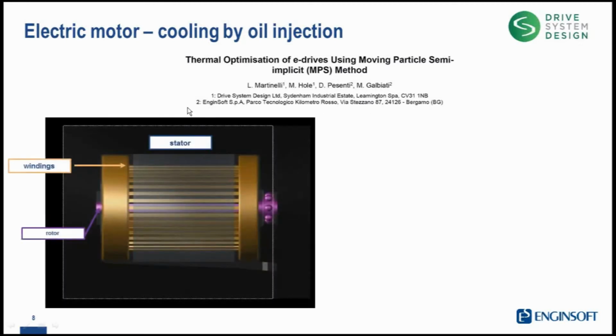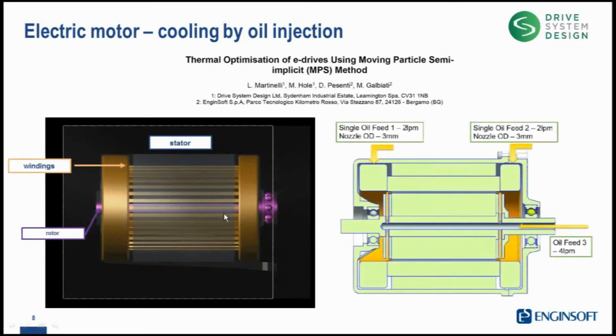If we analyze the system, we have this rotor in the center that is, of course, rotating against a stator and some windings. And regarding the oil injection areas, we had 4 in the middle, rotating part, and 2 in the upper part of the windings.